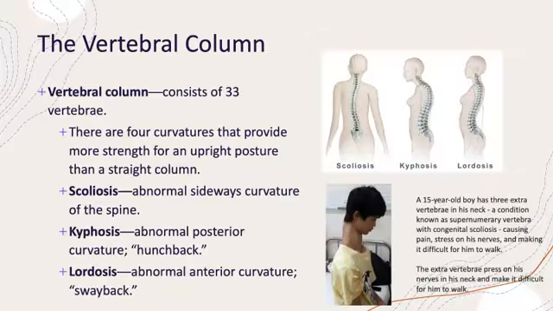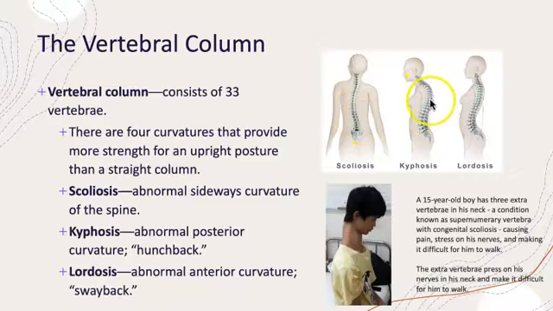Now into our vertebral column, which is going to consist of 33 vertebrae. There are 4 curvatures that we have of our vertebral column that'll provide more strength for an upright posture than a straight column. Sometimes we have different exaggerated curves of the spine, which could cause scoliosis if it is more of a lateral type of curvature, typically within the thoracic vertebrae.